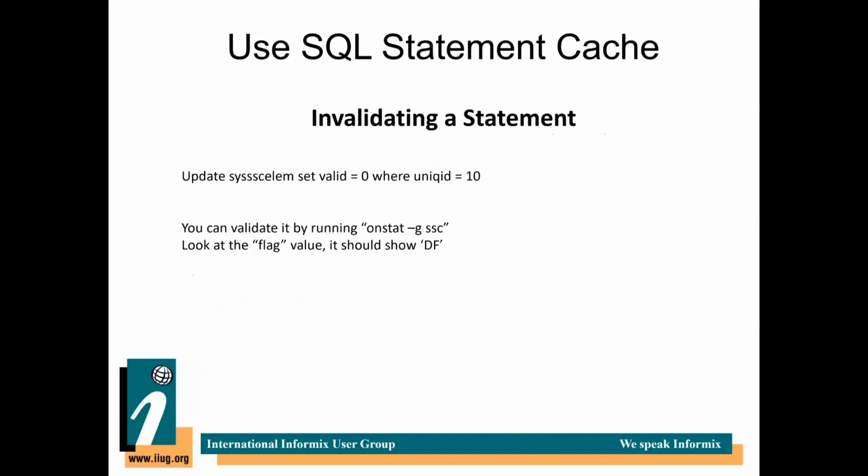How do you invalidate a statement? You run an update statement on the sqlm table and set valid equal to 0, where the ID is equal to a value. You can then verify it by running onstat -g ssc and looking for the flag value, which should show DF, meaning it's disabled.